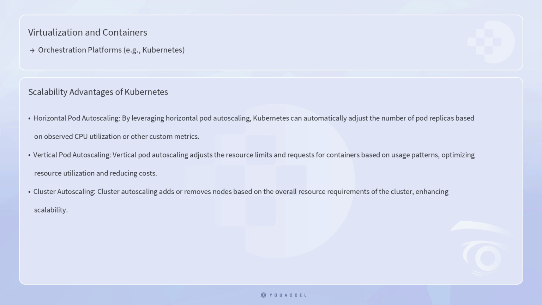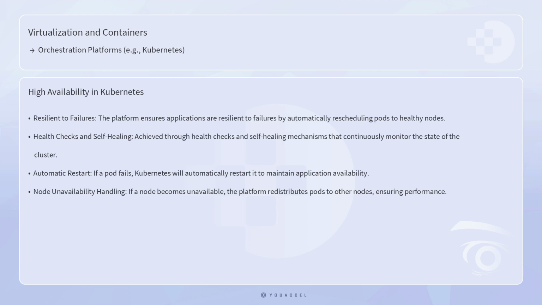Vertical pod autoscaling, another feature, adjusts the resource limits and requests for containers based on usage patterns, optimizing resource utilization and reducing costs. Cluster autoscaling further enhances scalability by adding or removing nodes based on the overall resource requirements of the cluster.